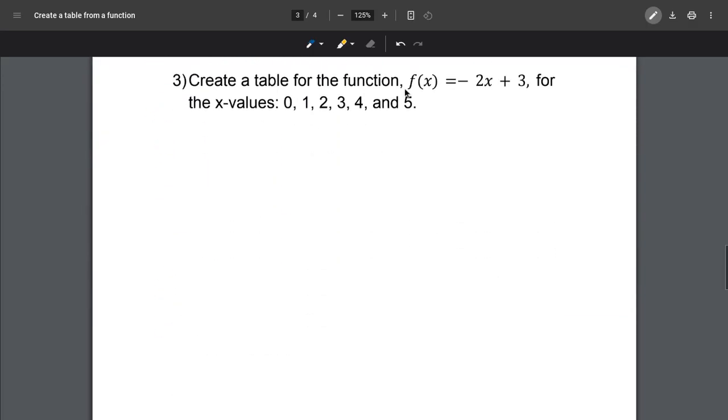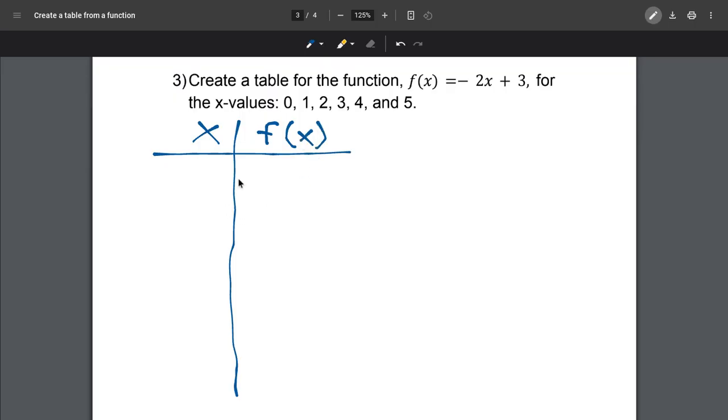Okay, this one we're creating a table for the function f of x equals negative 2x plus 3 for x values 0 through 5. So we've got a linear function with a negative slope. Let's do our x values and our f of x values. And we've got 0, 1, 2, 3, 4, and 5.